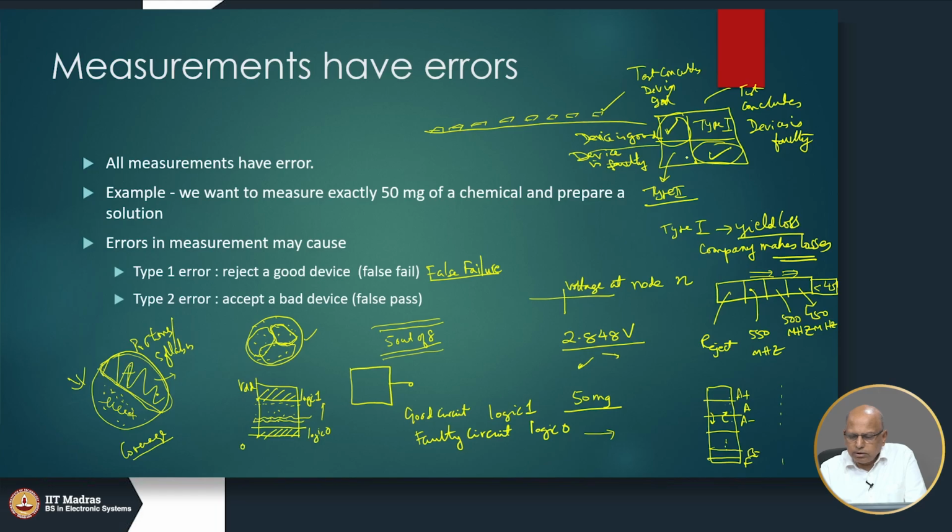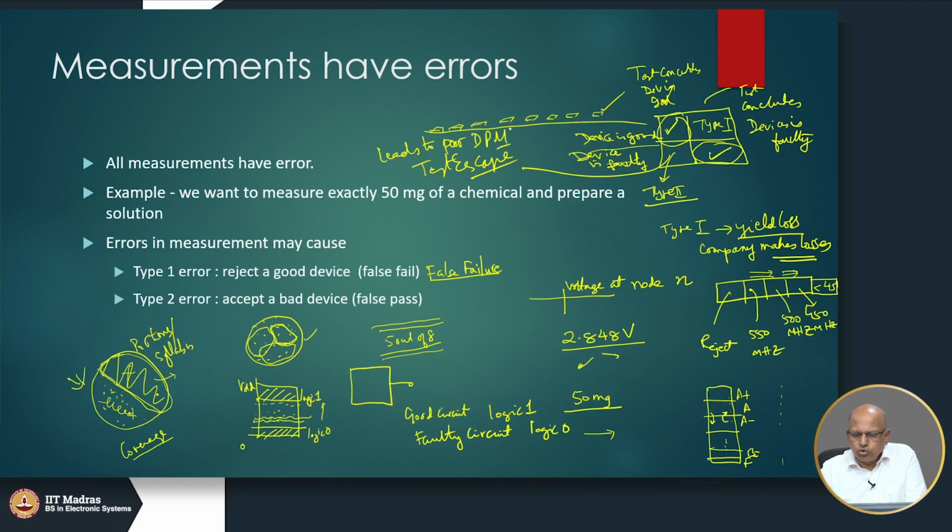A type 2 error is also sometimes called a test escape. That means the faulty device escaped the test and got classified as a good device, and that leads to loss in quality. It leads to poor DPM.